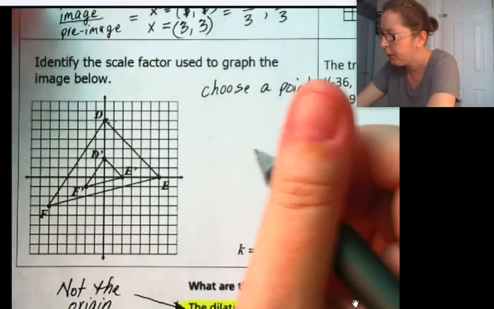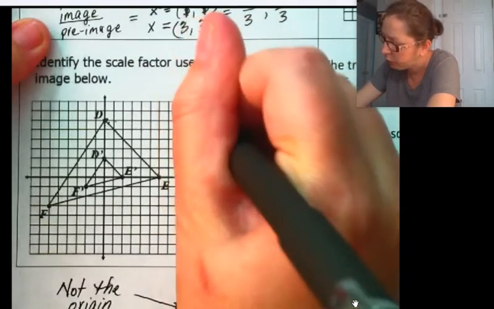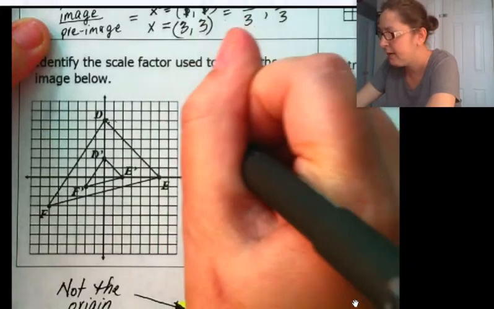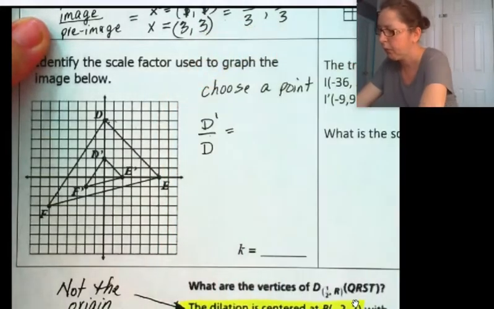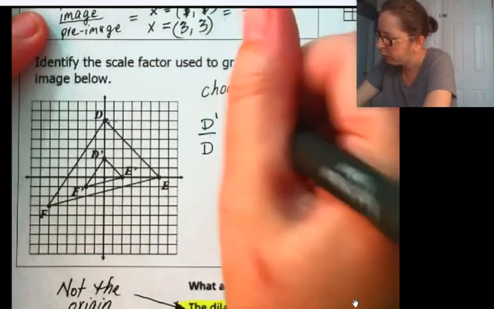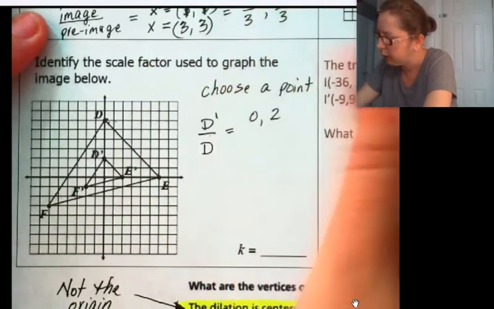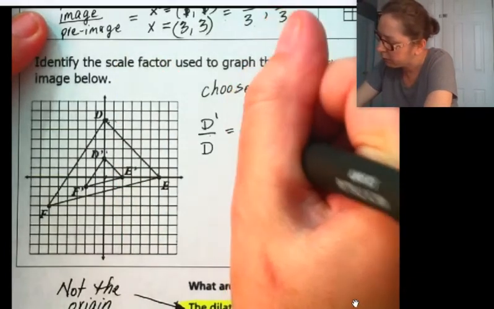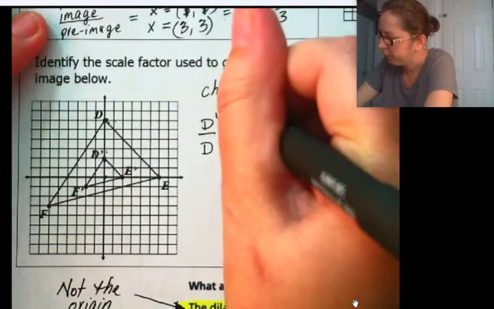Okay, so remember, the image is the D prime. The pre-image is the D. Okay, so I have 0, 2. And then I have 0, 6.